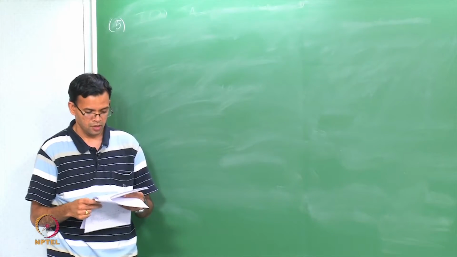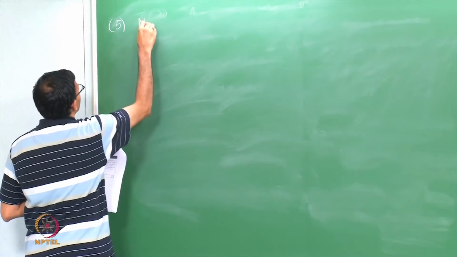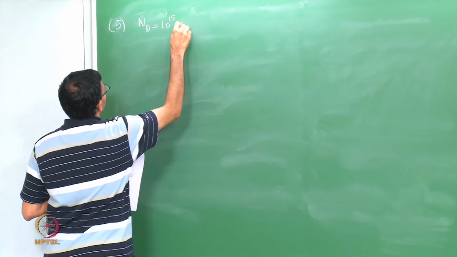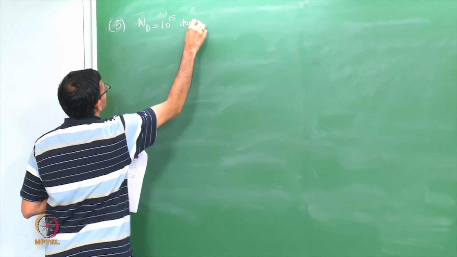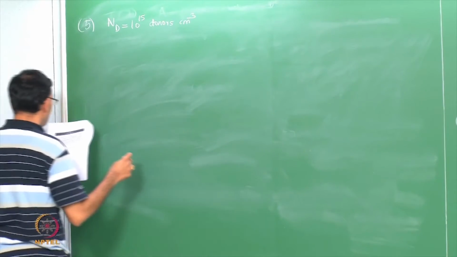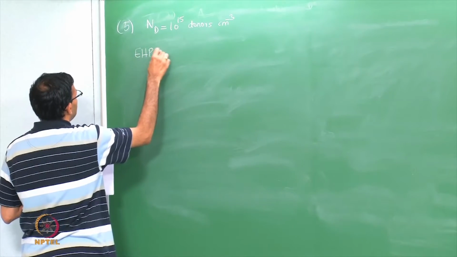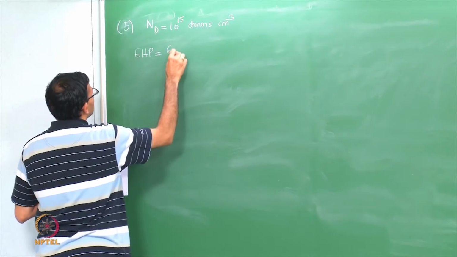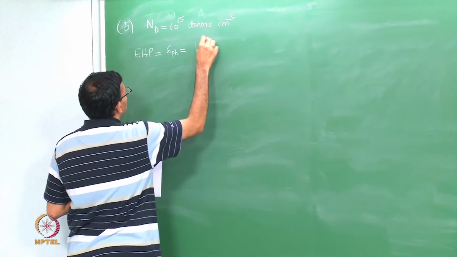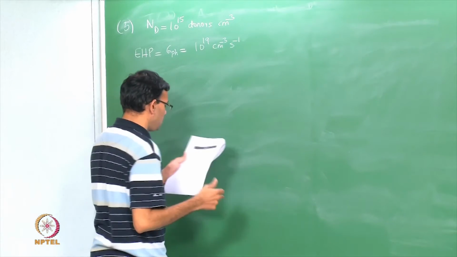Problem 5: you have a silicon sample with 10 to the 15 donors, so Nd is 10 to the 15 per centimeter cube, illuminated with light to create 10 to the 19 electron hole pairs per centimeter cube per second.